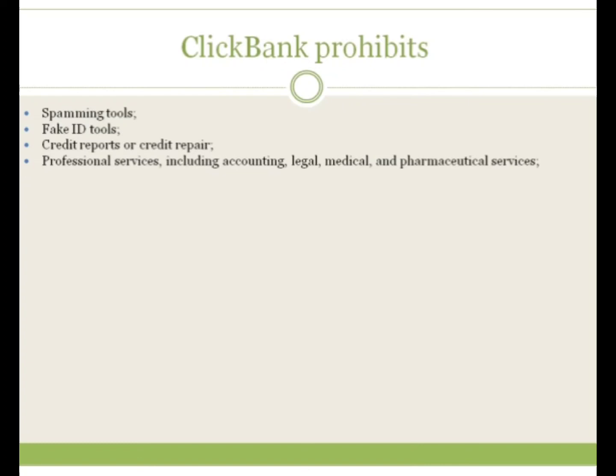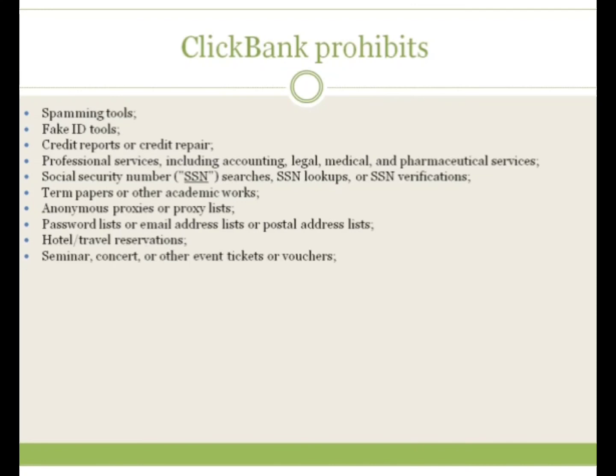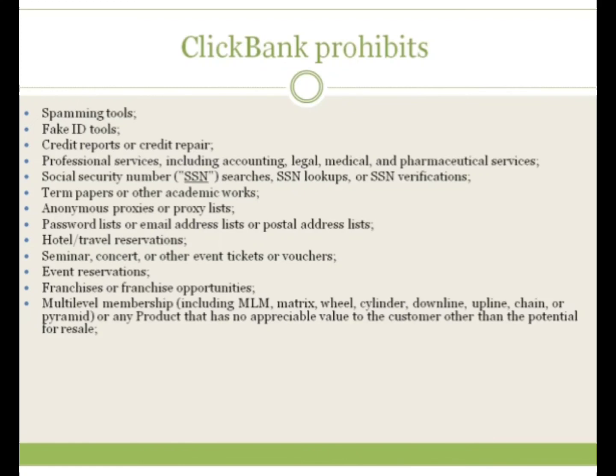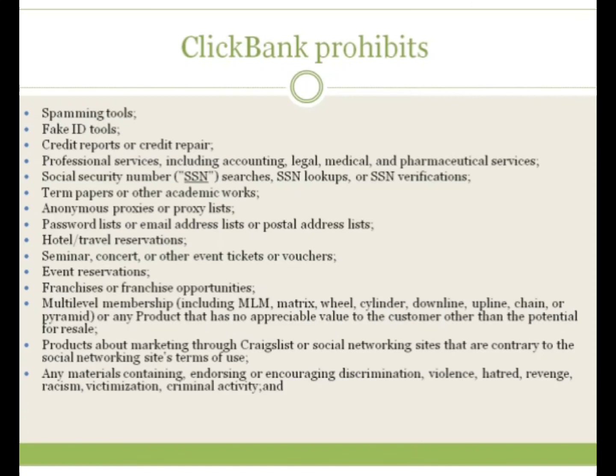Social Security number searches, term papers or other academic works, anonymous proxies, proxy lists, password lists, hotel and travel reservations, seminar tickets, vouchers, event reservations, franchises, franchise opportunities, MLM type stuff, basically pyramid stuff, products about marketing through Craigslist or social networking sites like social media type stuff, any materials containing and endorsing discrimination, violence, hatred, revenge, racism, victimization, criminal activity, and any other category ClickBank decides to prohibit.